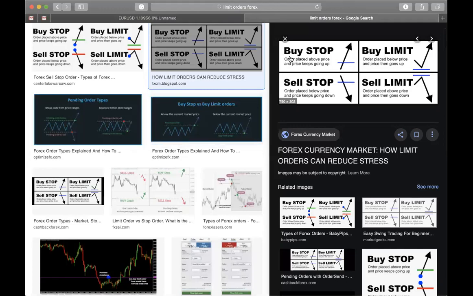So here we have buy stop, order placed above price, and price keeps going. The blue line would be your entry. Sell stop, order placed below the price, price keeps going. Buy limit, order placed below the price, and then price goes up, so it bounces off the level you want to enter at. And sell limit, order placed above the price, and then it goes down, right?